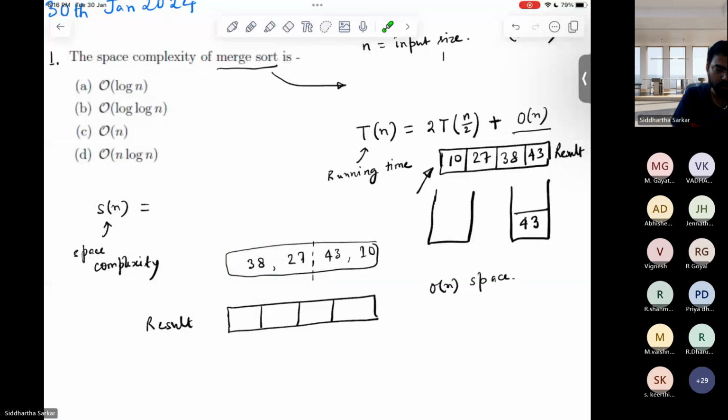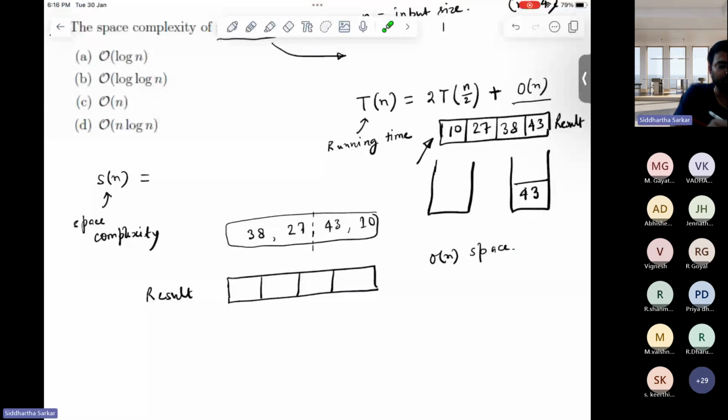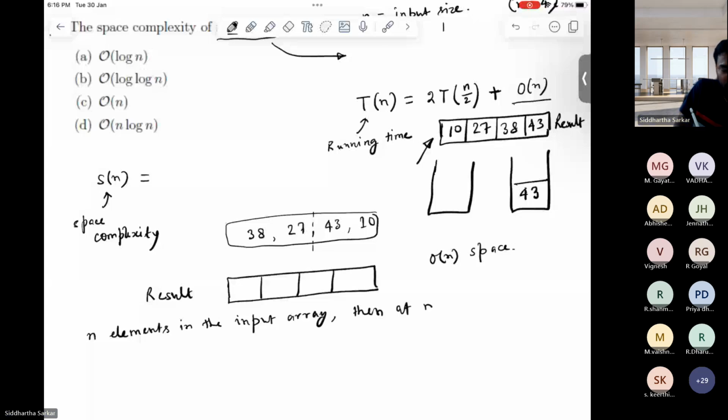Okay. So if there are n elements in the array, then at most how many times will merge sort call itself recursively?